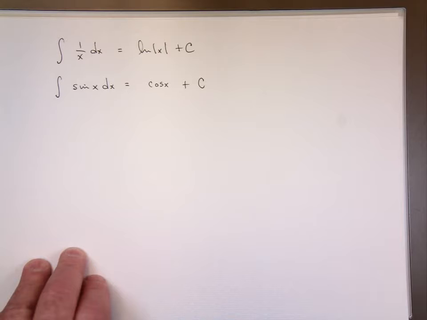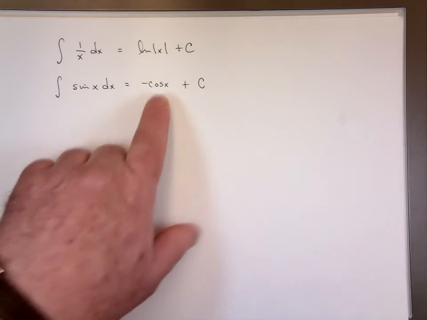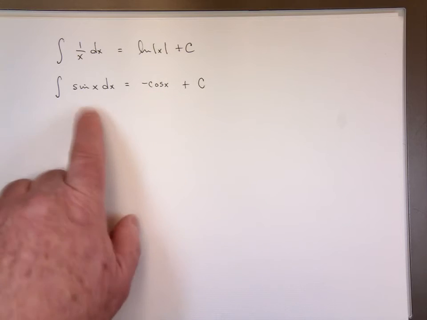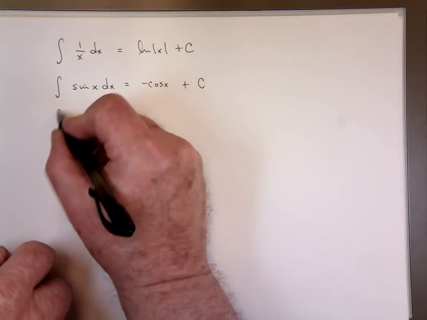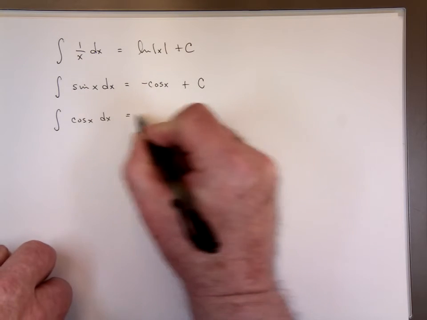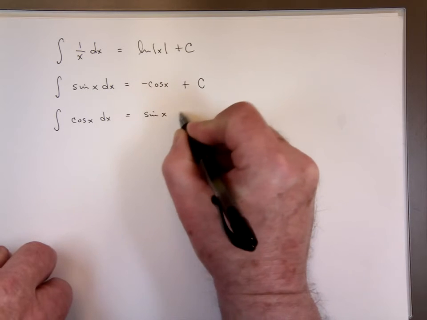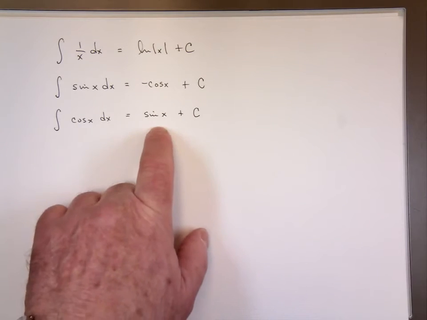So it would be negative cosine? Yeah. You need the opposite or a negative cosine in order to have its derivative equal to sine. Okay? The integral of cosine? That would be sine x. How do you know that's true? Take the derivative of sine, it's cosine. Okay?